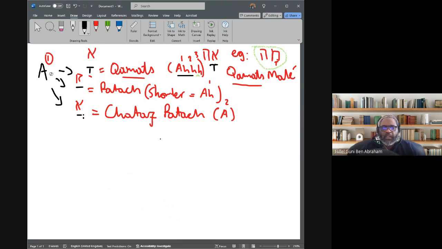So the second example is ma'amad. We have an ein and a patach, a chatav patach. We have another mem here with a kamatz and a dalet. So this is ma'amad.